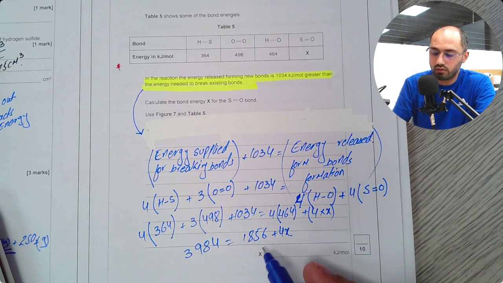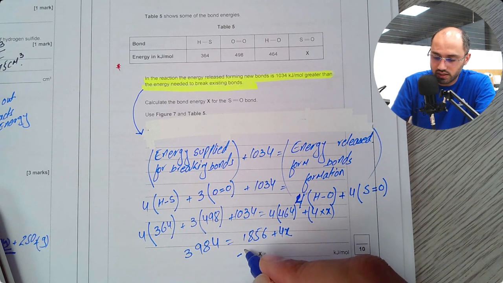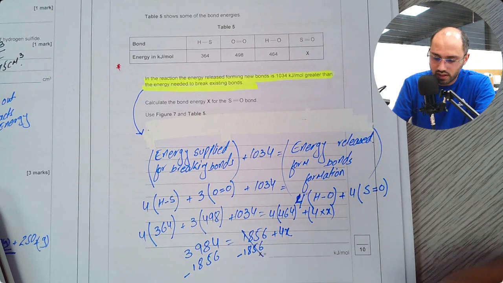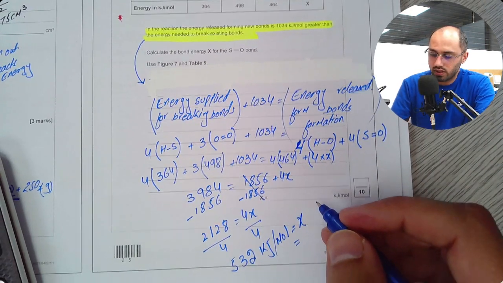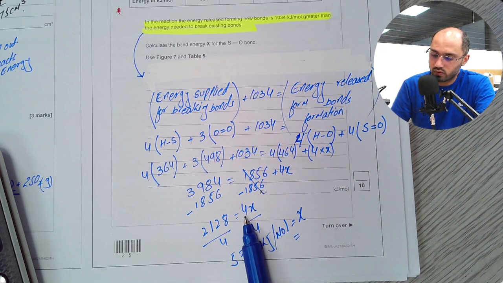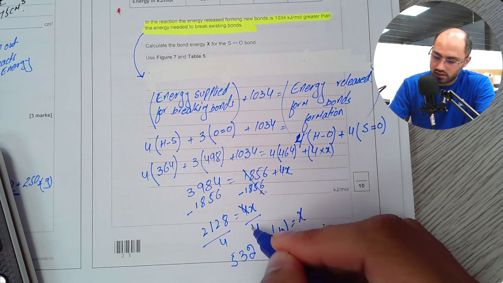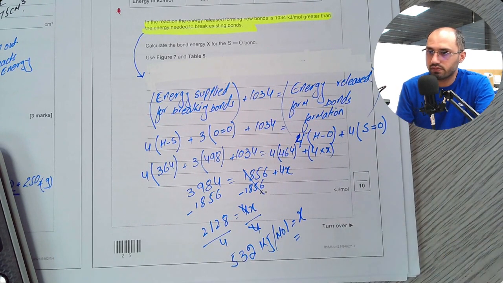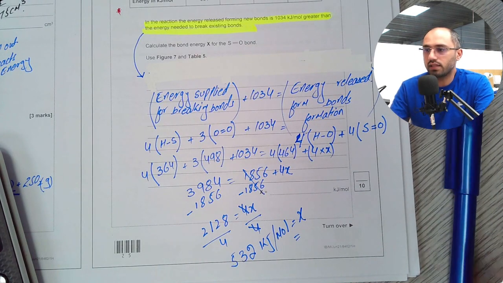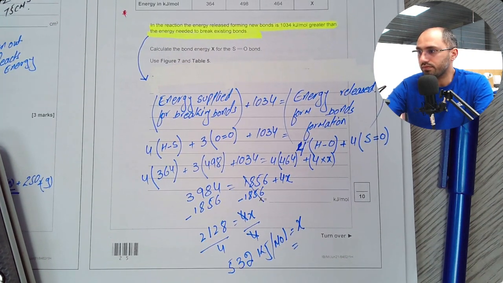You have to get rid of 1856, so you'll do minus 1856 on both sides. This will cancel out. It leaves me with 2128 equals 4x. You divide both sides by 4 and you'll end up with an answer of 532 kilojoules per mole is equal to x.